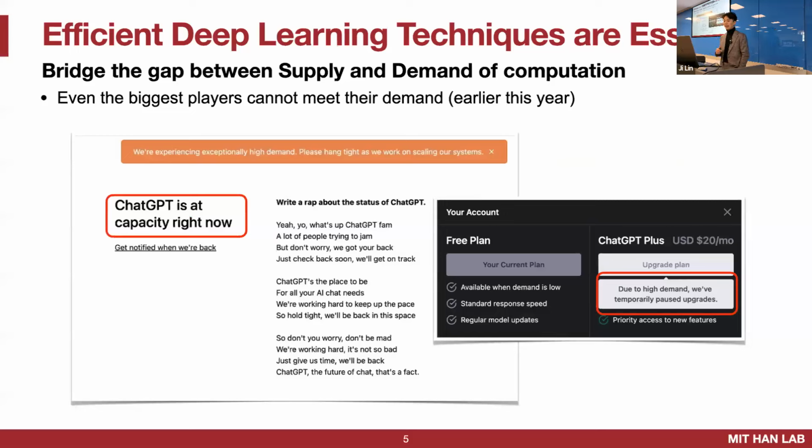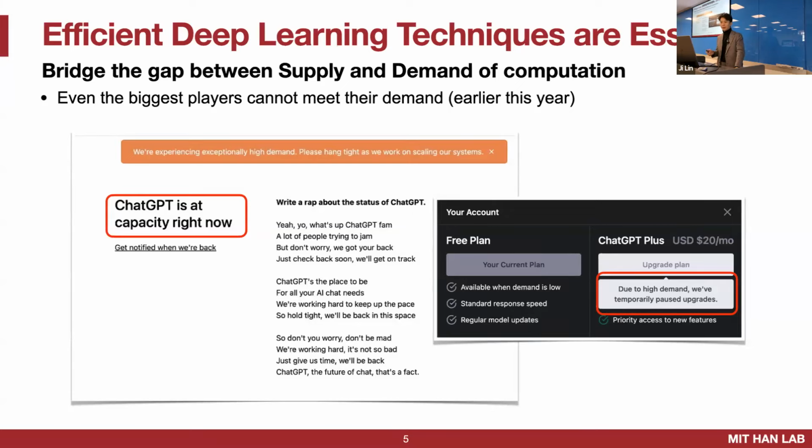This is getting even worse and quite essential in the age of large language models. Even the largest player in the field, like OpenAI, has failed to serve the increasing demand from customers. This screenshot was taken earlier this year when they just launched GPT-4.